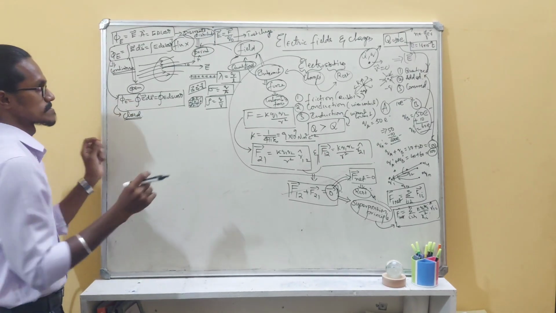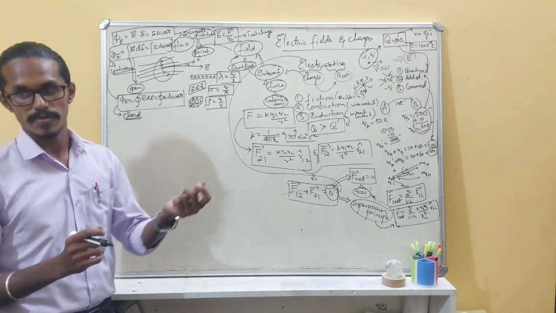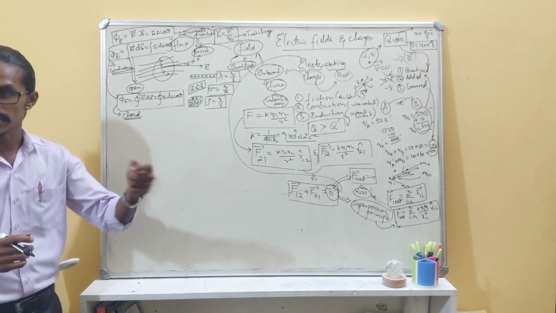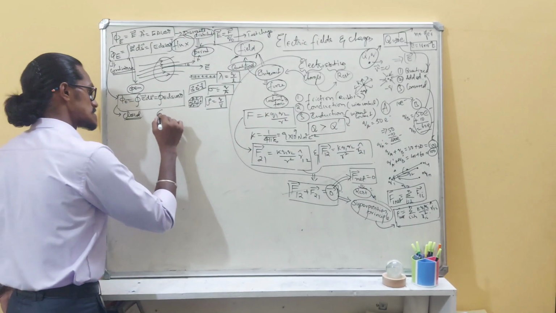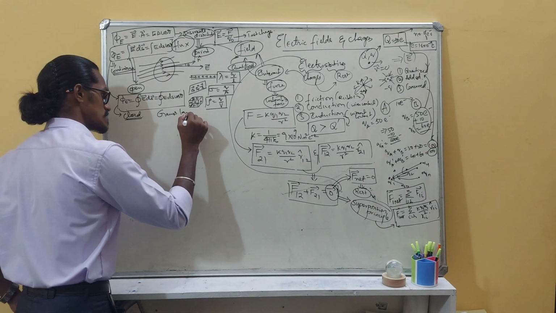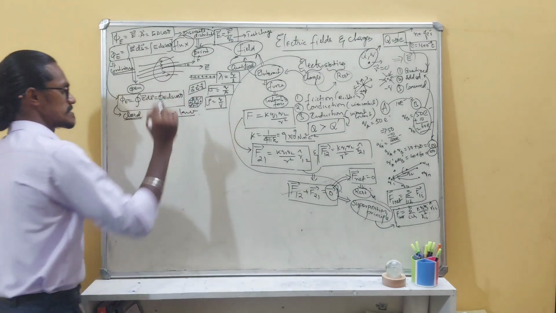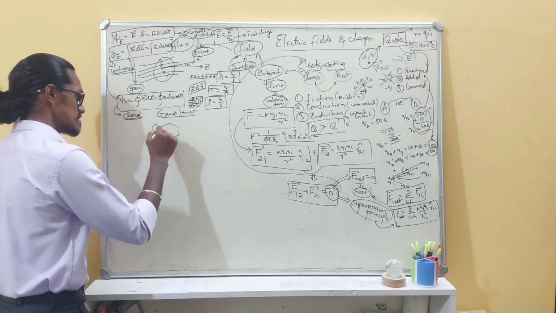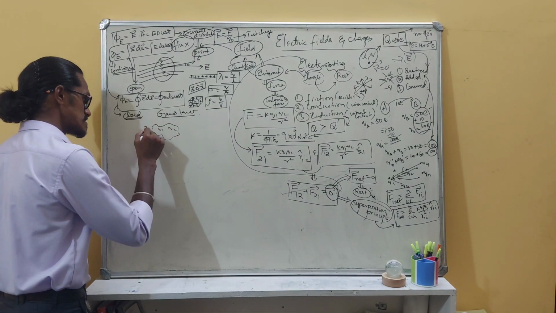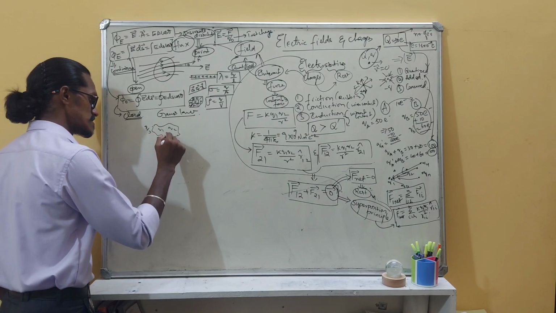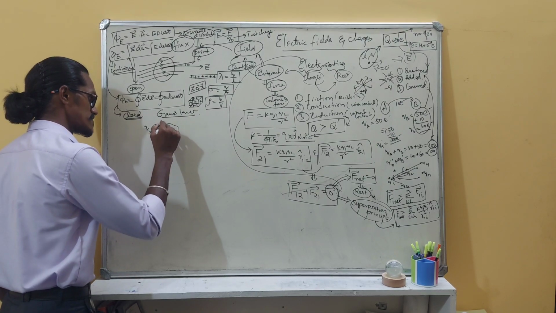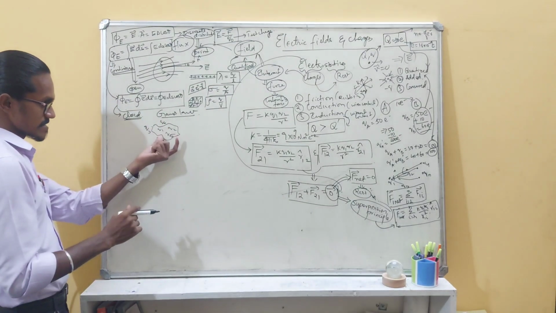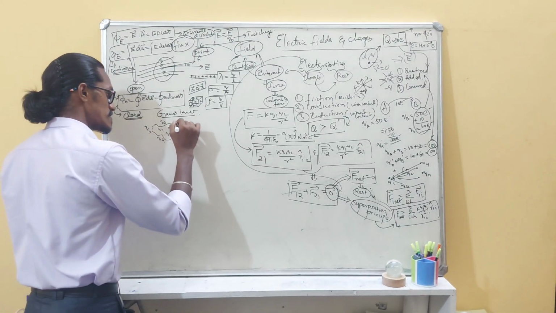This closed surface result is better explained by the law called Gauss law. So what is Gauss law? There is a closed region with some charges within it. The flux in that region is due only to the amount of charge enclosed.